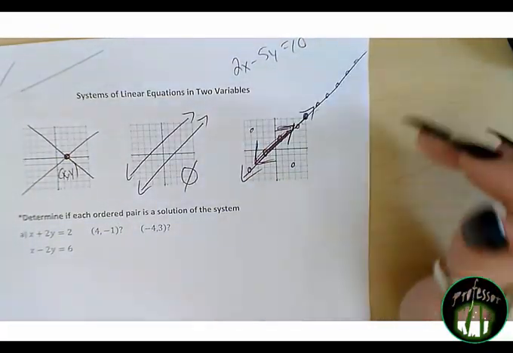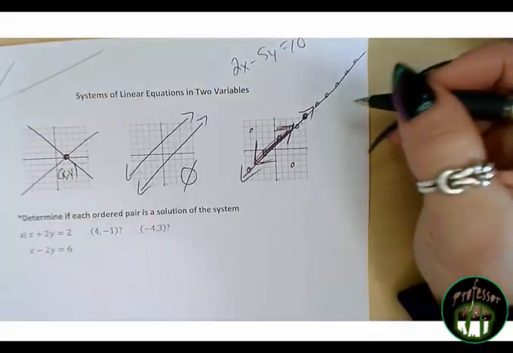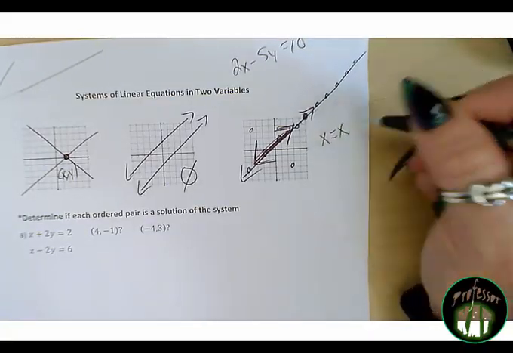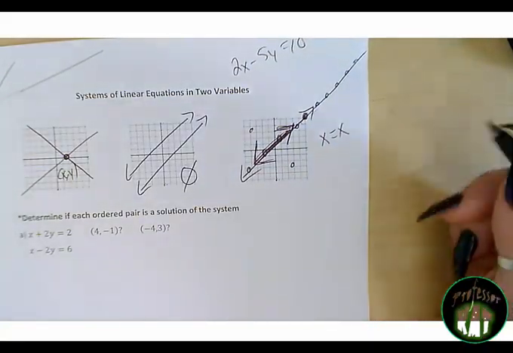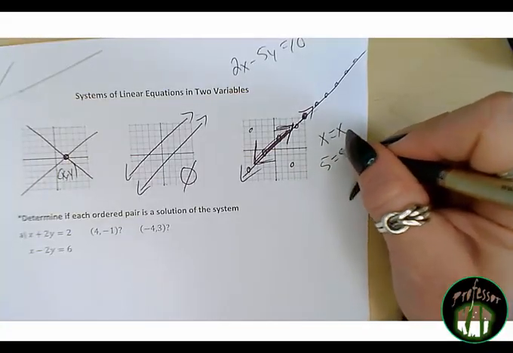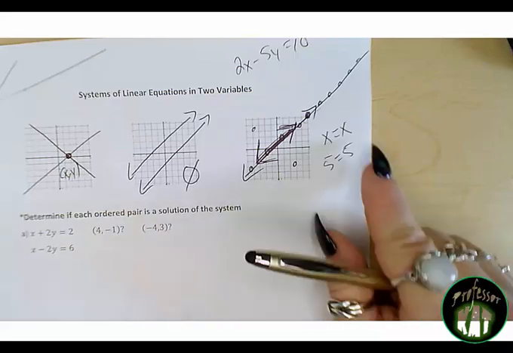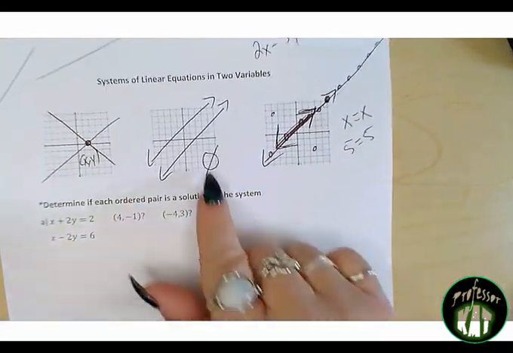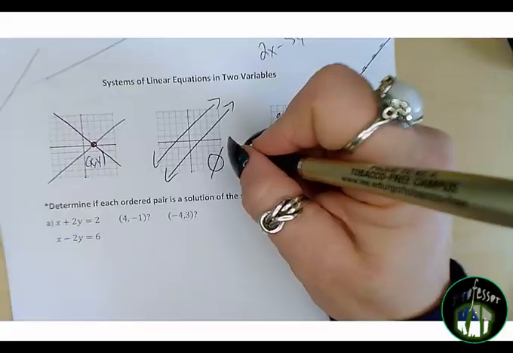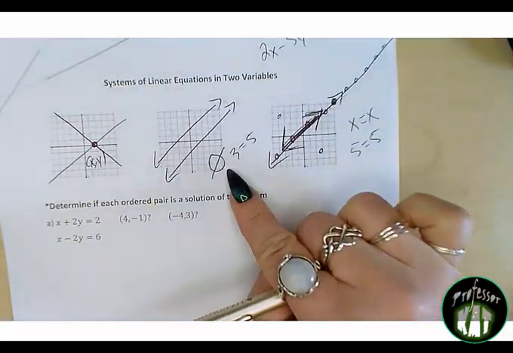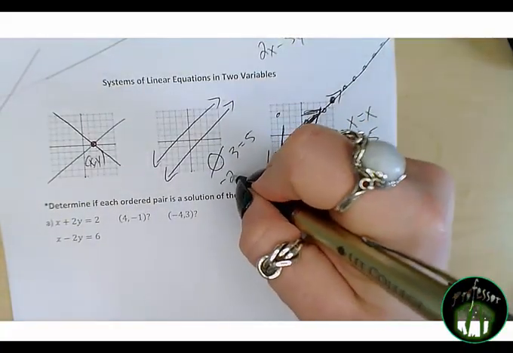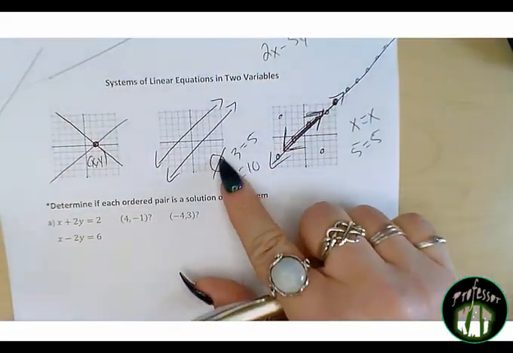Whenever you solve a system of equations in this form, you're going to get an interesting looking answer. You're going to get something that looks like x equals x, or something that looks like maybe 5 equals 5, 2 equals 2, something like that. With your no solution case, you're going to get a solution that maybe says something like 3 equals 5, or negative 2 is equal to 10, or something like that.